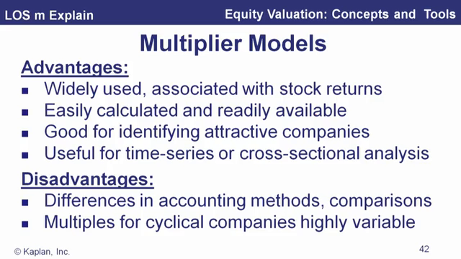Some of the disadvantages: if we have differences in accounting methods, the comparisons are problematic. So we have to adjust for differences in accounting methods and then look at our multiples. And multiples for cyclical companies can be highly variable. Think of automobile manufacturers, often highly cyclical companies.